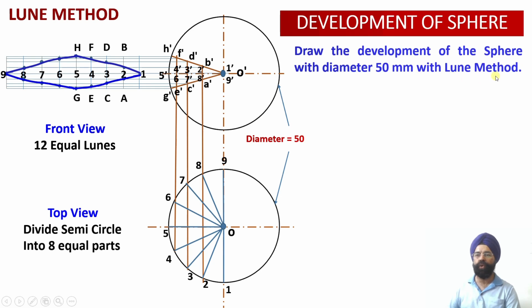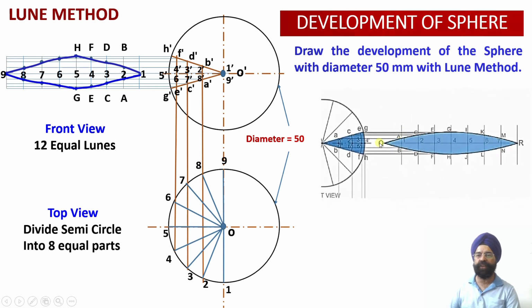So this is the Lune method that we have discussed, and you can see over here one sector has been developed, and this is the shape which we are going to obtain. At this particular juncture, the distances at points 1 and 9 will be 0.